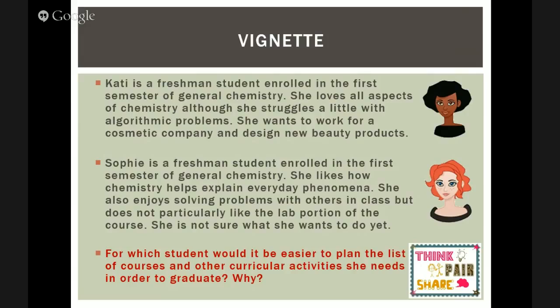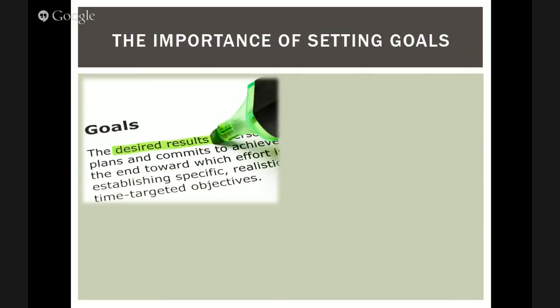All right, so the idea behind this is that when we have goals, we can plan things more easily. That's the point. If you have an idea of what you want to achieve, which you already thought about a little bit through your speed dating moment, but thinking about specific goals you want to achieve with your TA training program, that will help you plan it.